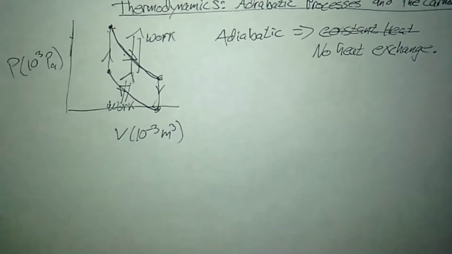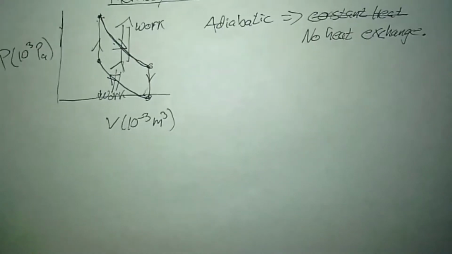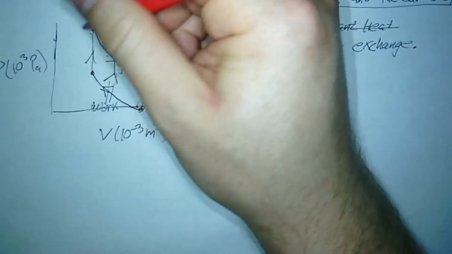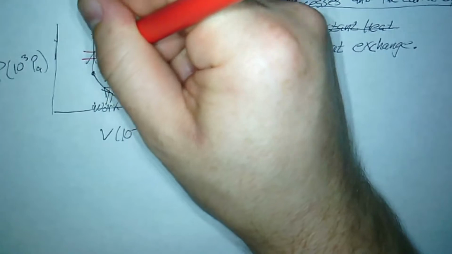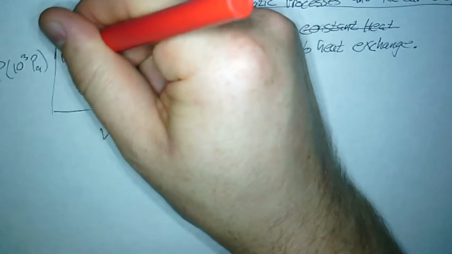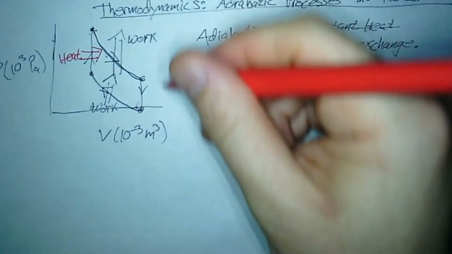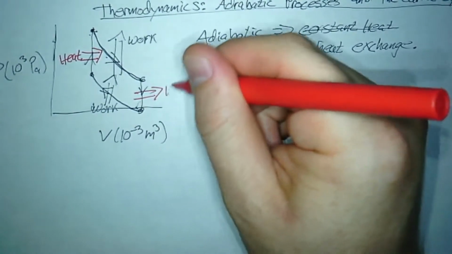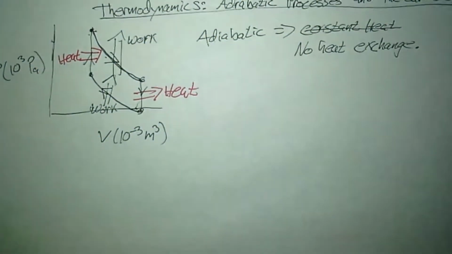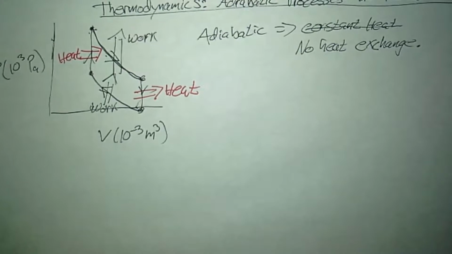And on these other sides, since these are still isochores, so they have no change in volume, we have no work being done, so I know that energy is entering through heat and energy is leaving through heat. So that one's a really, really easy process because I know that there's only certain types of energy exchange in those different parts of the cycle.